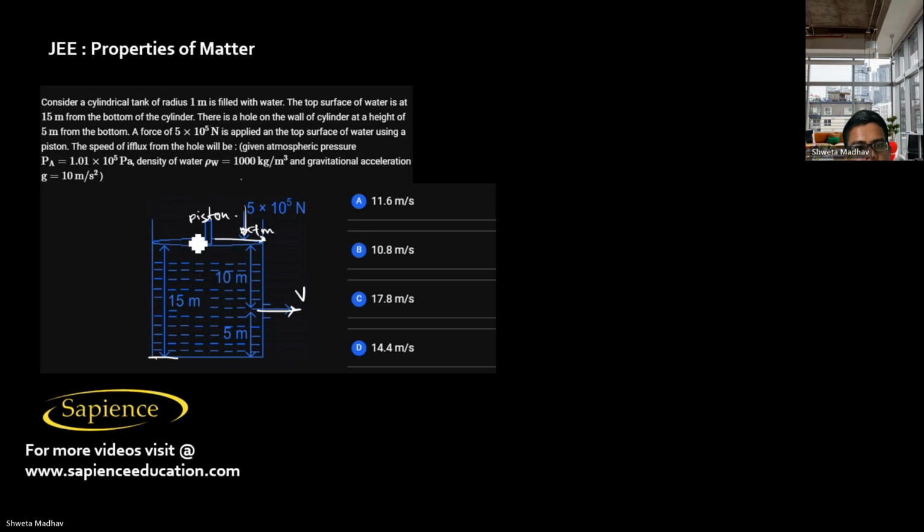So the pressure exerted here, that is this force divided by the area, which is pi r square.